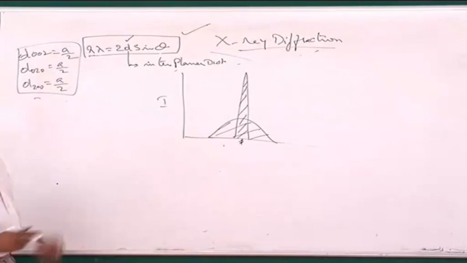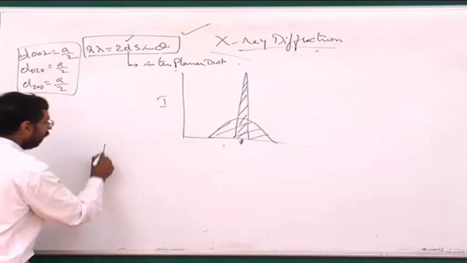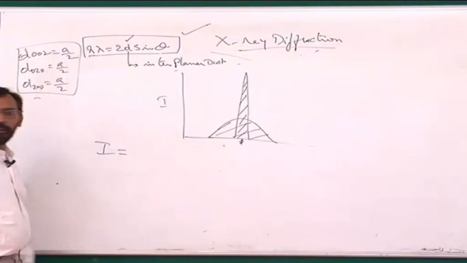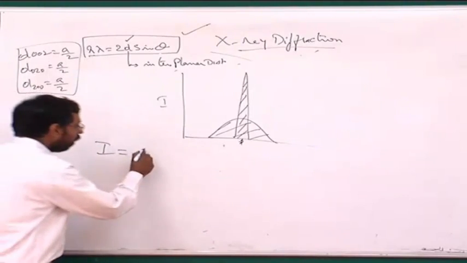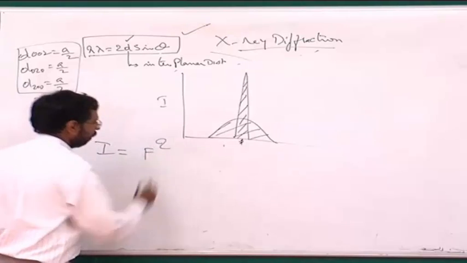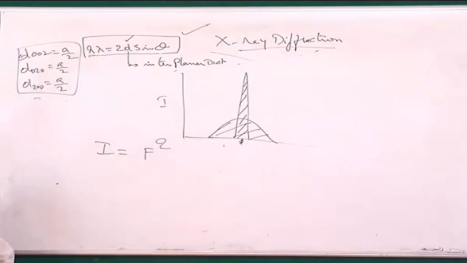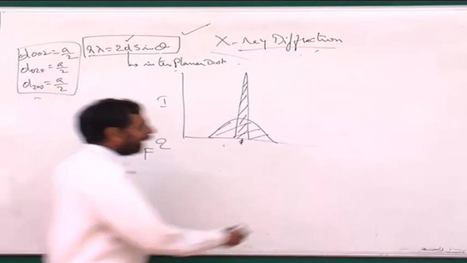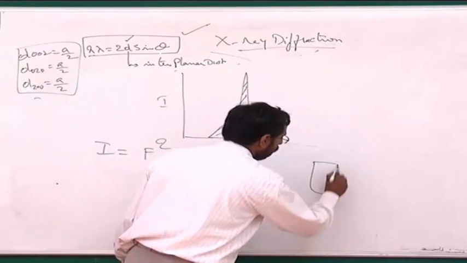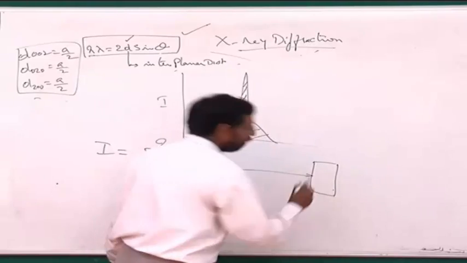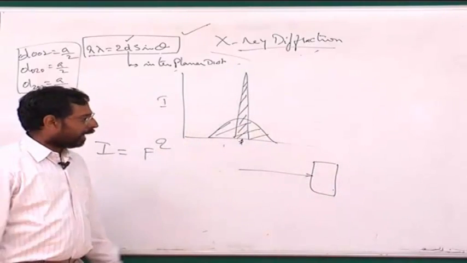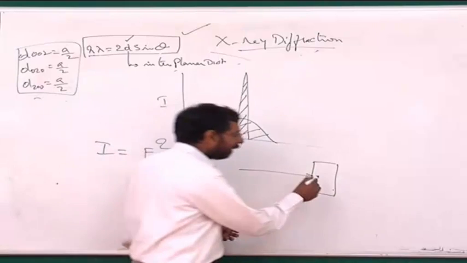So let's look at this peak intensity. Peak intensity, people have found out, is related to what is called the square of a structure factor. What is structure factor? If I take a sample and send my X-rays, the X-rays are getting diffracted.